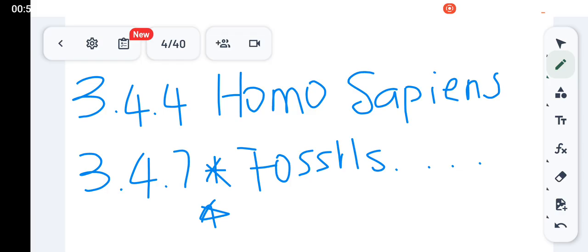And then the fossils of Homo habilis are found in Africa only. You need to know that. Fossils of Homo habilis are found in Africa only. That is the second point.